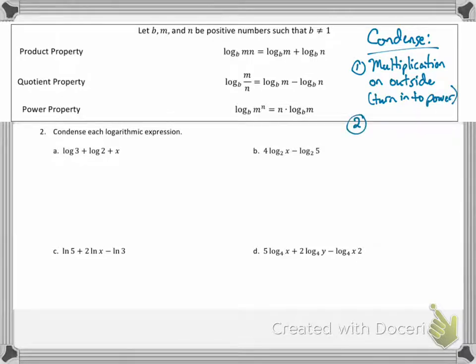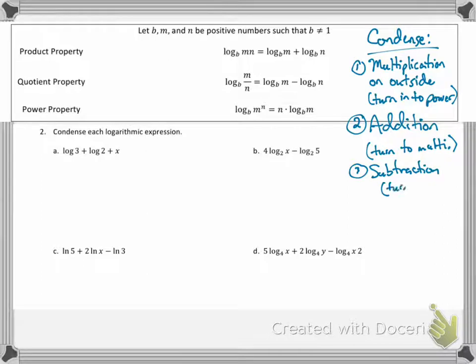Then I'm going to look for addition, which will turn back to multiplication. And then I'm going to look for subtraction and turn that to division. So basically, I'm going backwards of what I just showed you on the last slide.